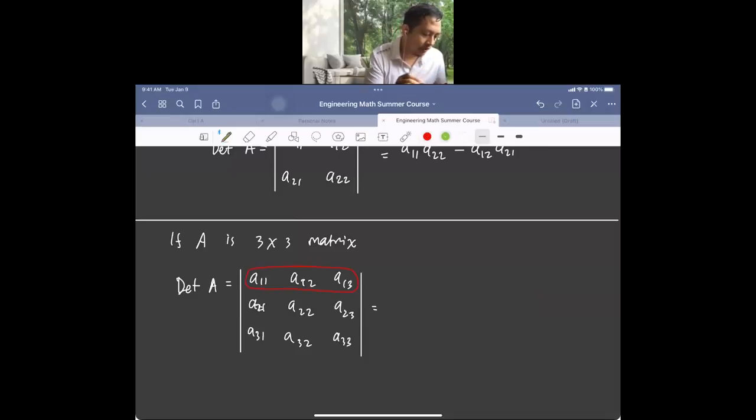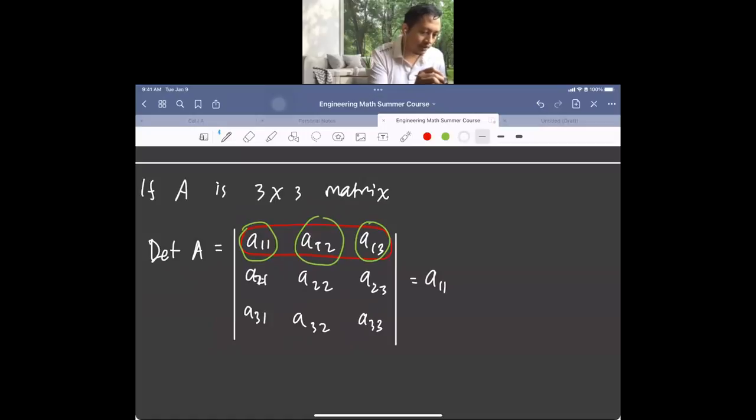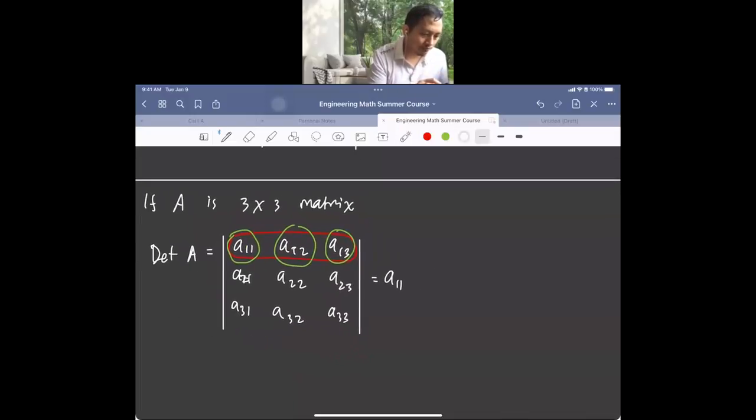We consider this first row: A11, A12 and A13. So we take A11. The idea is to keep this row and column covered, and we have this as our determinant calculation. So A11 times the determinant of A22, A23, A32, A33.